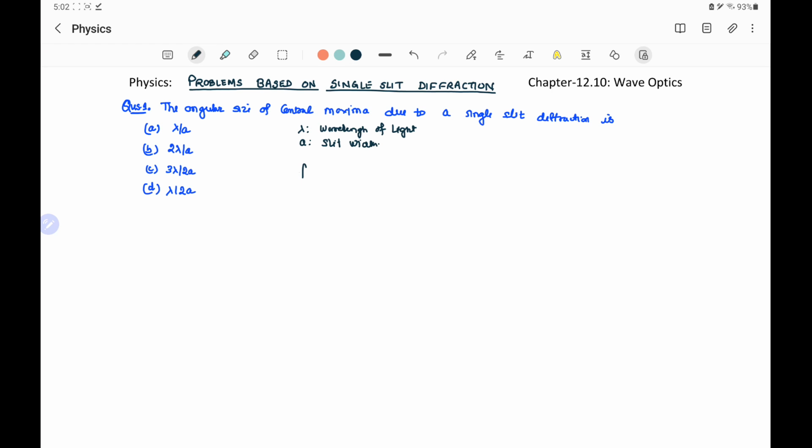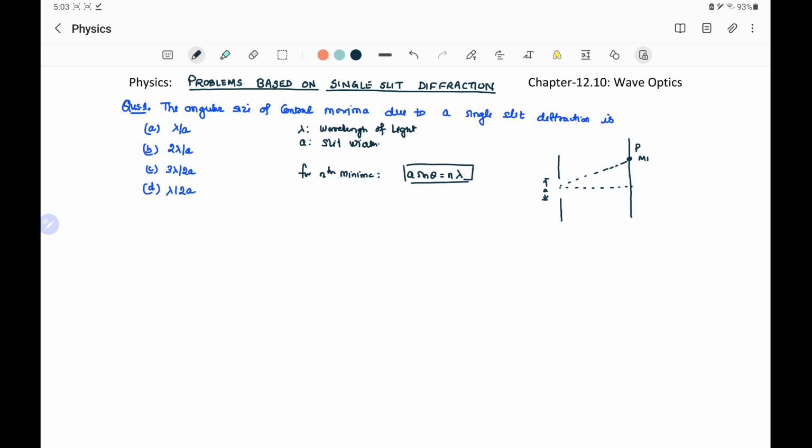We already discussed that for nth minima in the diffraction pattern, the condition to be satisfied is a sine theta equal to n lambda. Now for the central maxima, if we draw the diagram for the diffraction pattern formation, this is the slit of width a, and from the central line on the screen at a point P, there is a minima.